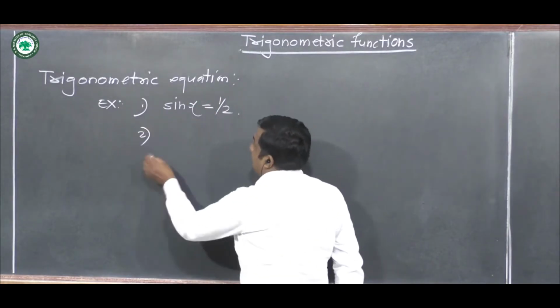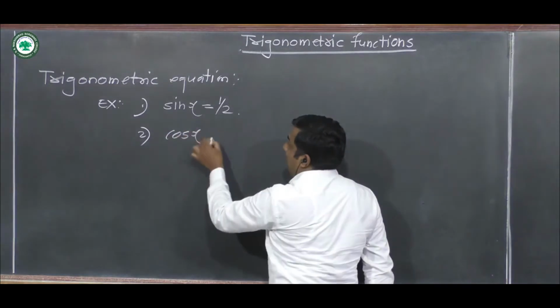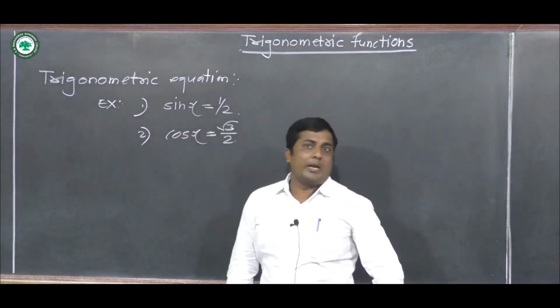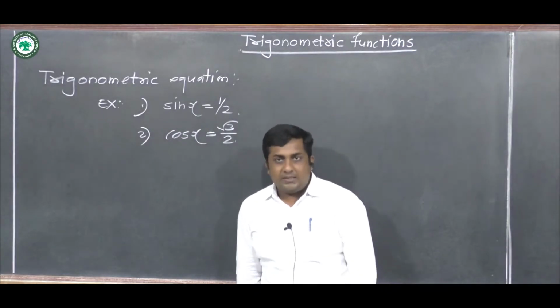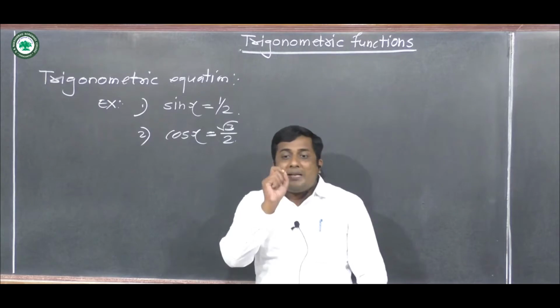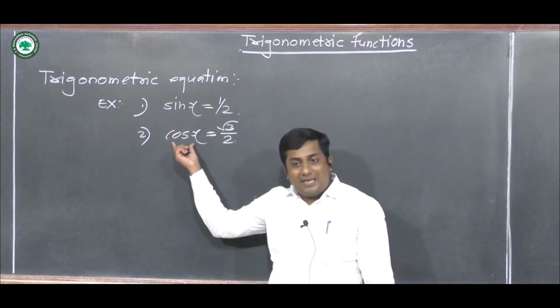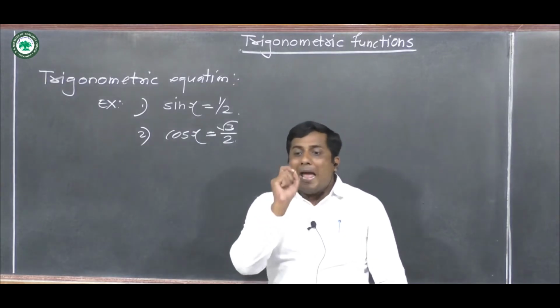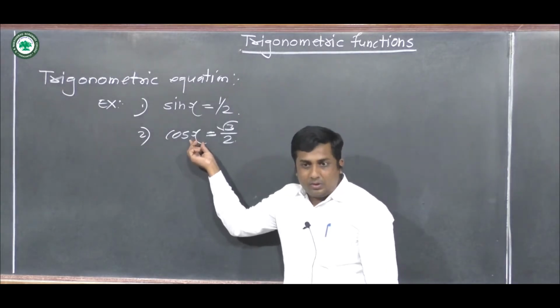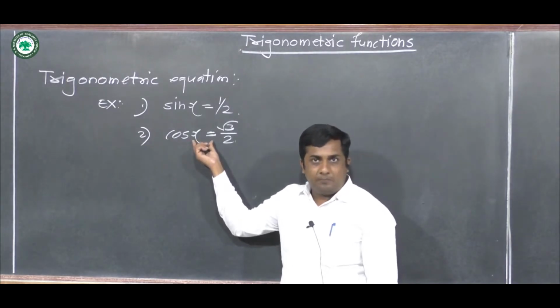Then second, we consider cos x is equal to root 3 by 2, which is also a trigonometric equation, since in this equation the trigonometric function cos is given with unknown angle x. So this is our second example.